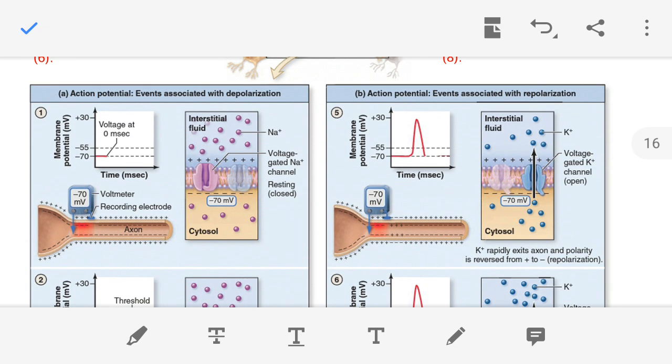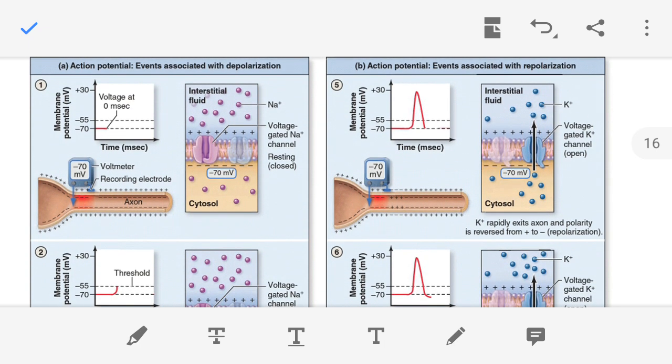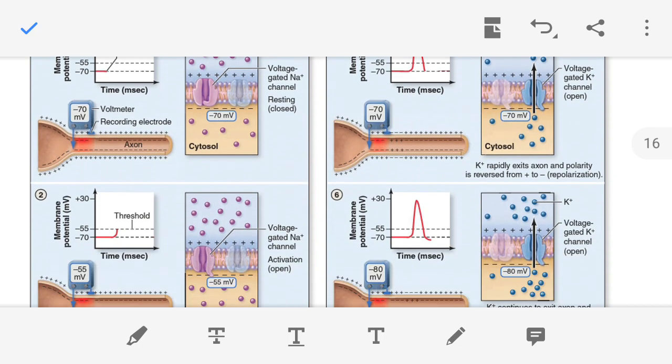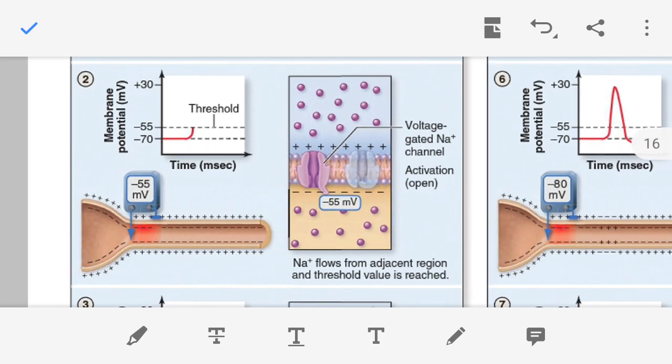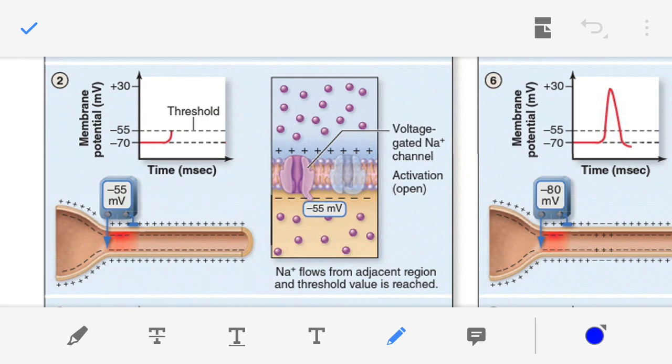Now what happens when the neuron is depolarized? Okay, so now in this figure, as you can see, the voltage gated Na+ channel is open, it is activated. So now Na+ flows inside. Na+ is positively charged, flowing inside from the adjacent region, and the threshold value is reached.